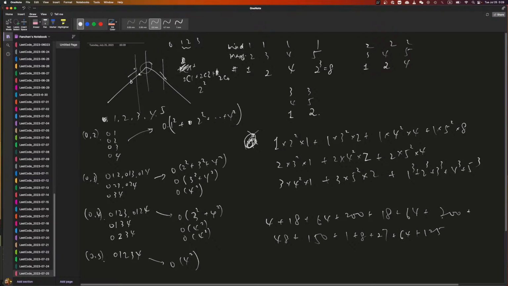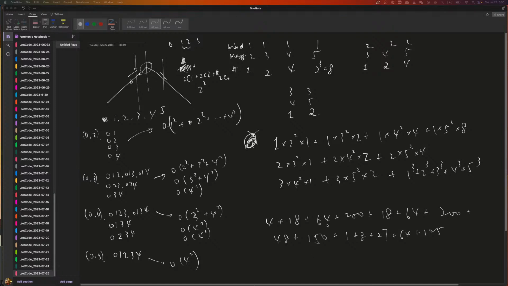Alright, let's add these together and see if it's correct. So 4 plus 18 plus 64 plus 200 plus 18 plus 64 plus 200 plus 48 plus 150 plus 1 plus 8 plus 27 plus 64 plus 125.